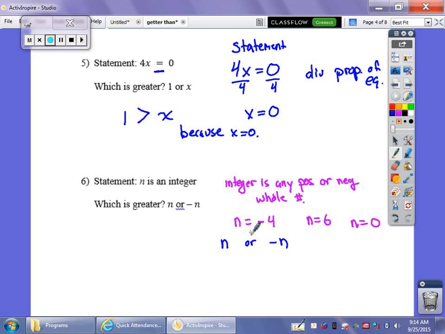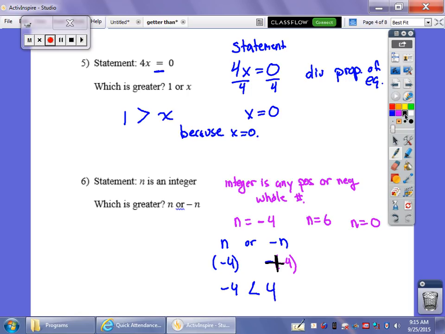Well, if I plug in -4, I'm just going to have -4 for n. But for negative n, a negative of a negative will give me a positive. So this will give me the statement that -4 is less than +4.